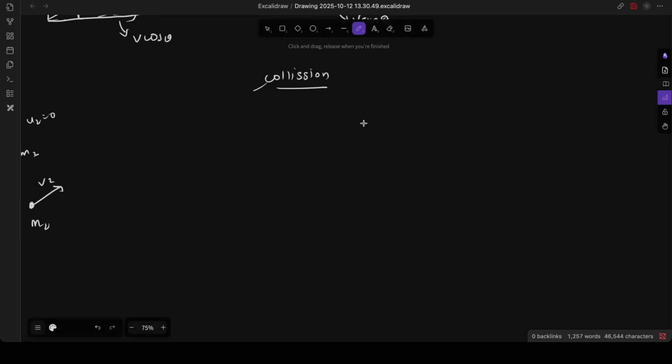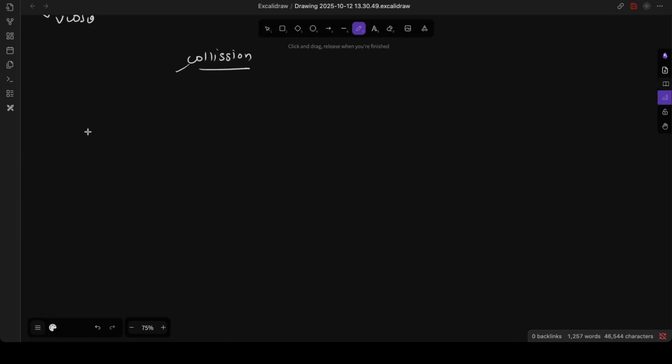So when we talk about collision, let's consider a very simple scenario where the body with mass m1 is moving with a velocity u1, and there is another body m2 whose velocity, let's say, is 0.